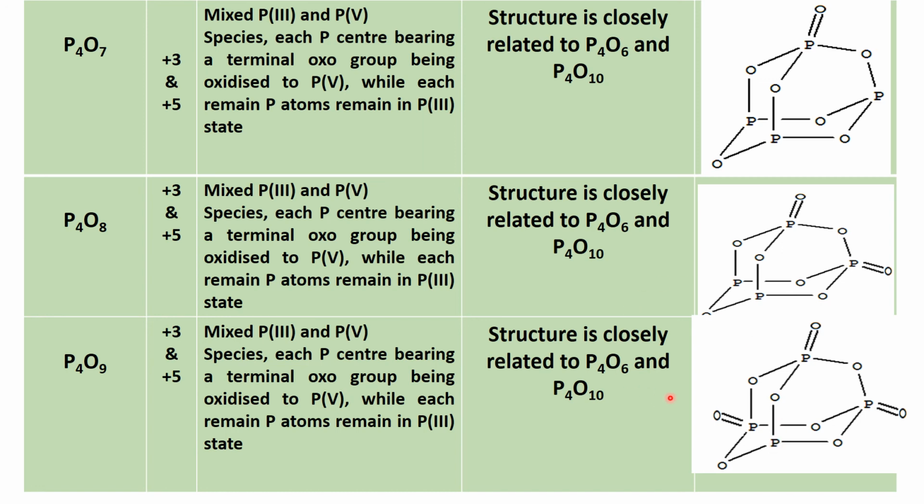So these are the important oxides of phosphorus, that is P4O6, P4O10, P4O7, P4O8, P4O9. Among them, P4O7, P4O8 and P4O9 are the mixed oxides. That means they contain +3 and +5 oxidation states of phosphorus atoms. That's all I have to say about the oxides of nitrogen and phosphorus. Thank you for your attention.